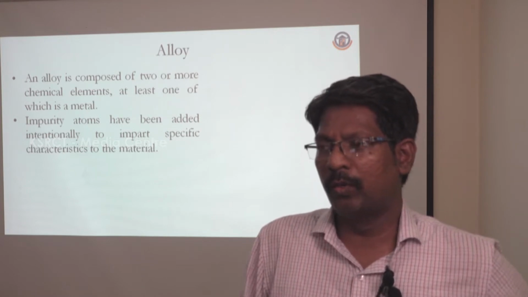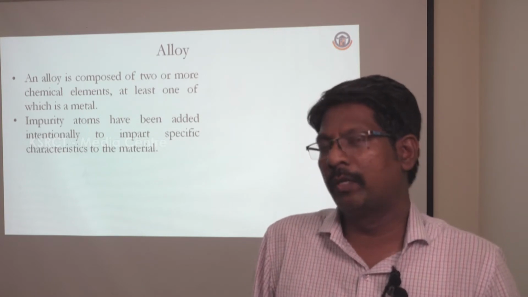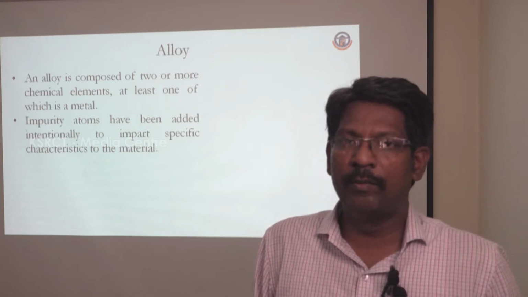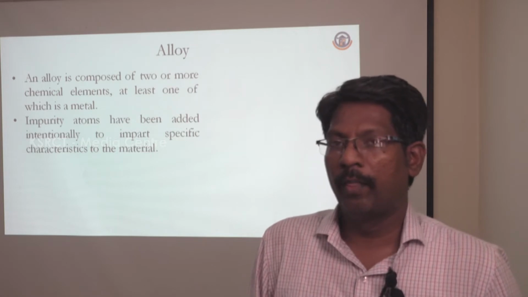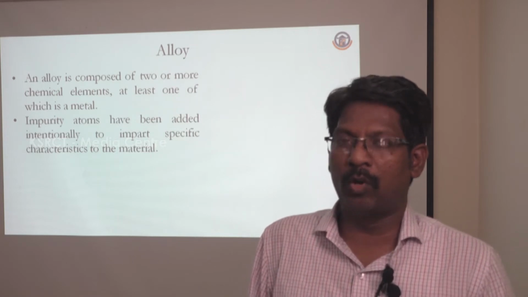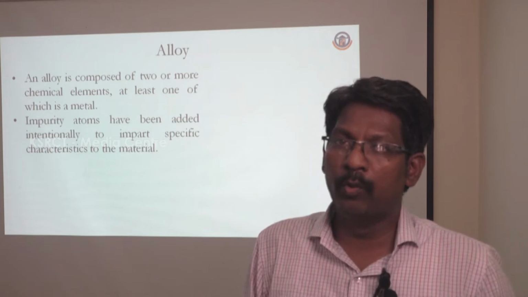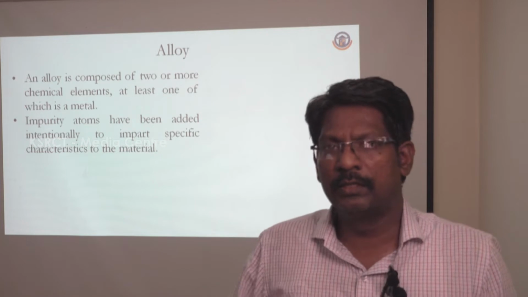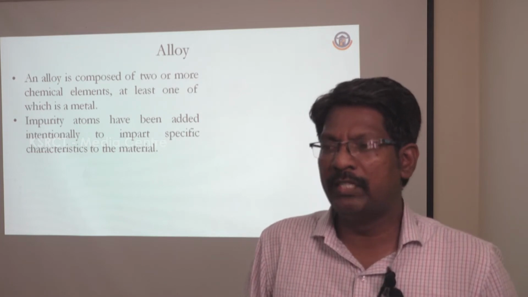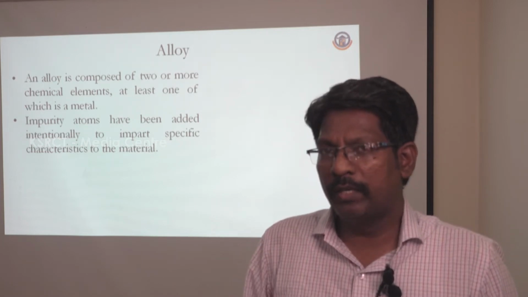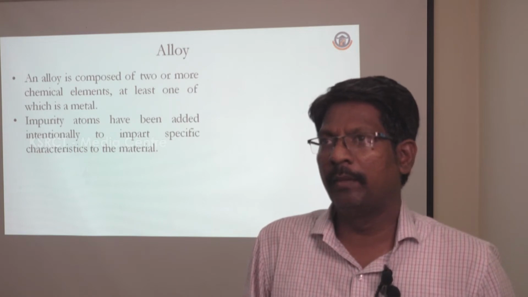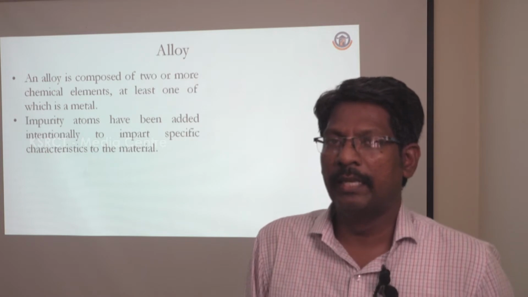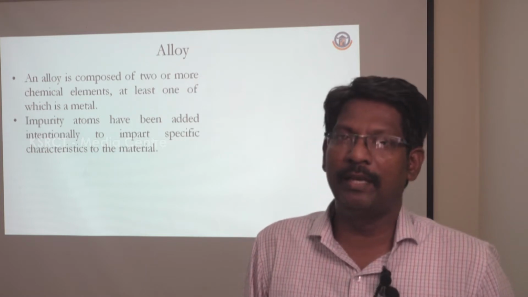Before going to an alloy, how is it made? In the initial period, the material is extracted in the form of ore. Further, the ore is processed in order to get the pure metals. Initially the pure metals are put to various applications based upon our needs. But when they are put into application, the properties required by the specific applications cannot be met by the pure metals.